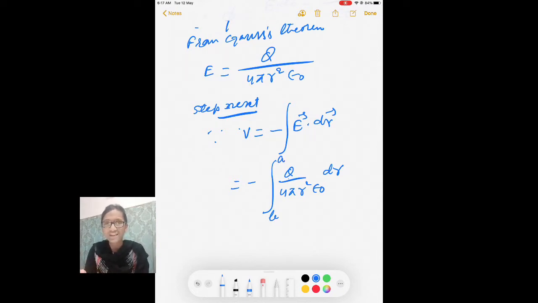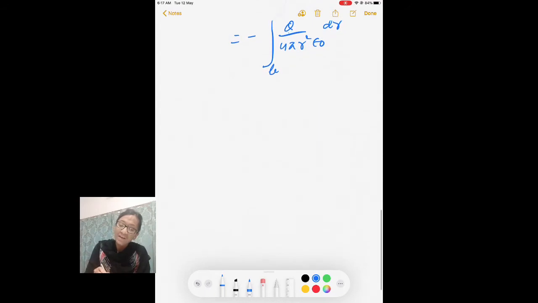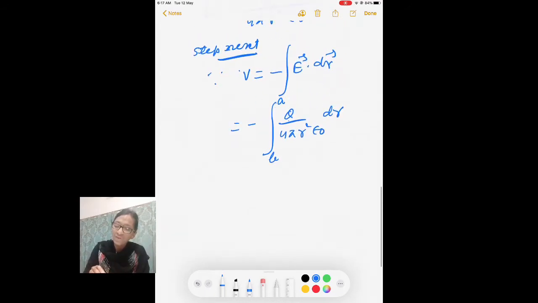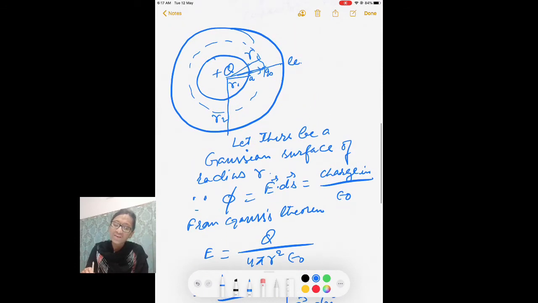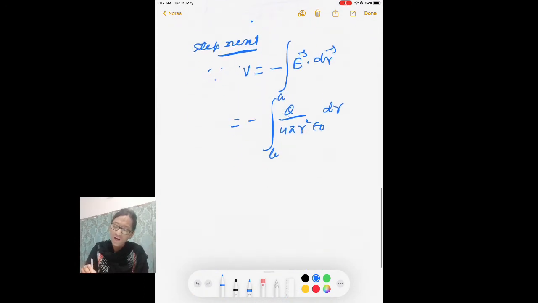So we have to find the work from the external agency, from point B to A, and that is the distance R2 to R1.